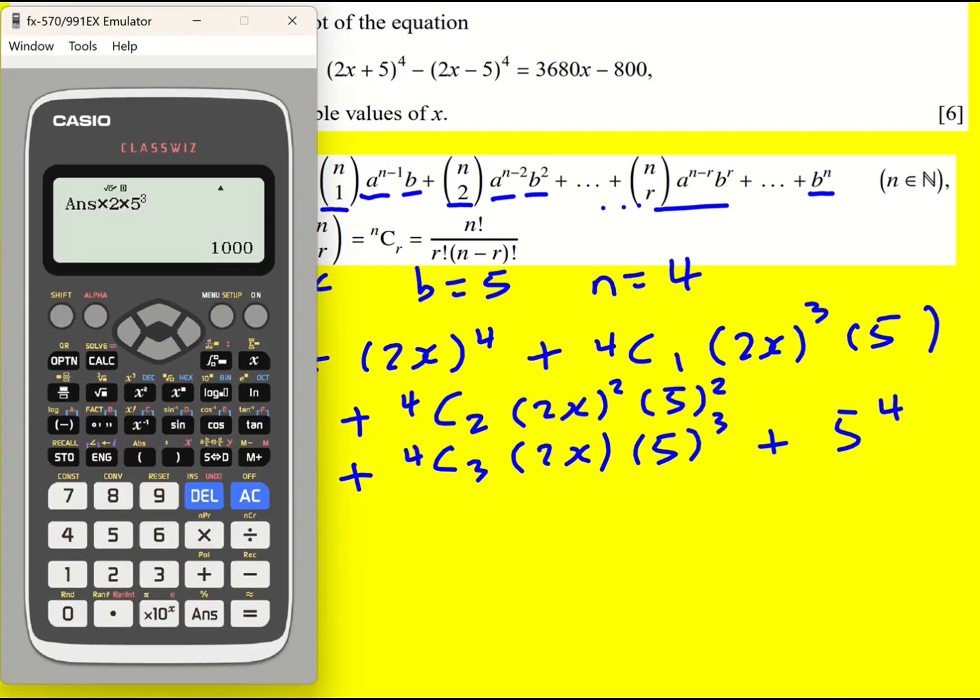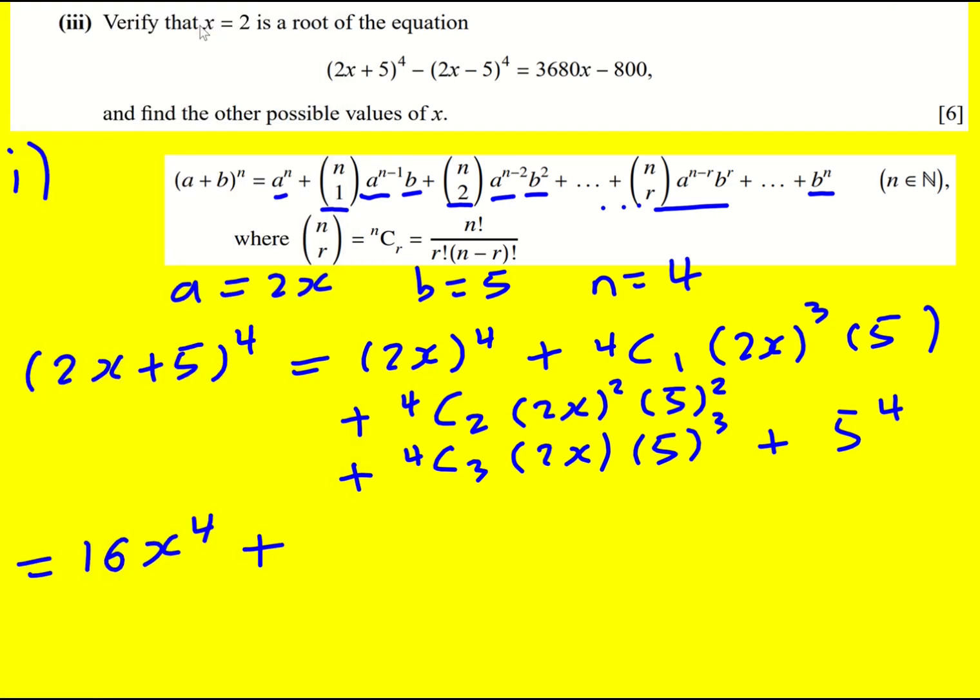Okay, next bit, I've got 4C1. 4C1 is actually just 4, but you can put it in, and times 2 cubed, and then times 5. That gives 160.